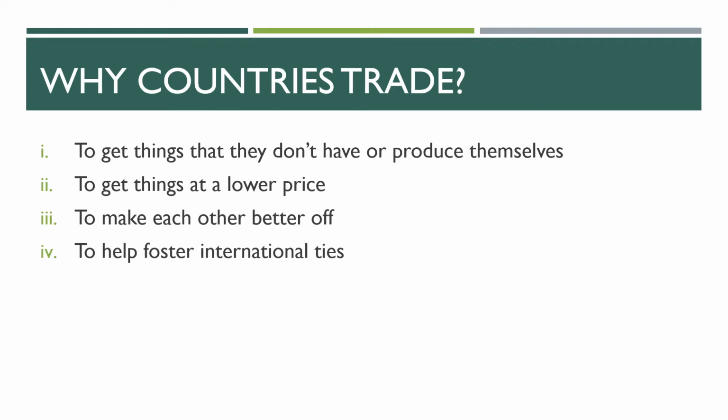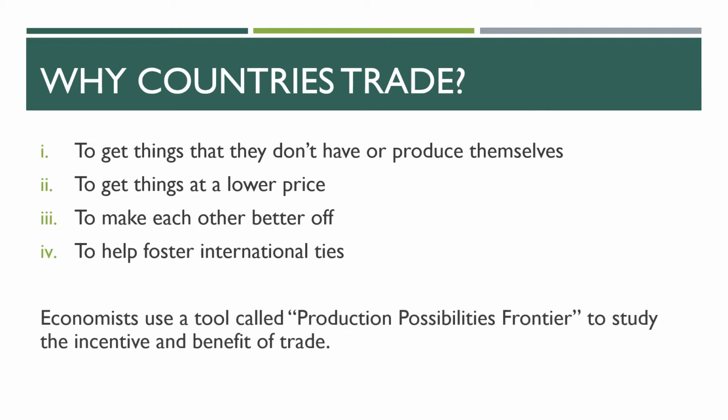And at other times, it could be just political reasons for the two countries to help foster international ties. So generally speaking, we can use the production possibility frontier to demonstrate the incentive or benefits for trading between the two parties.